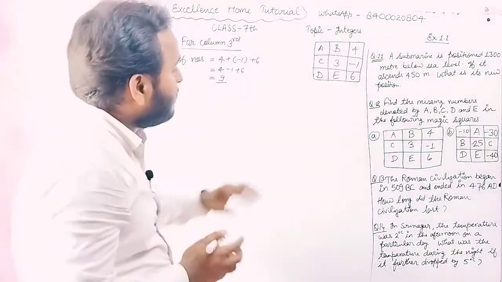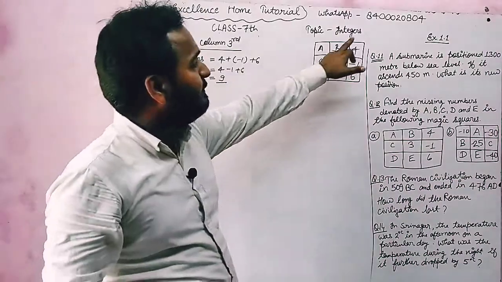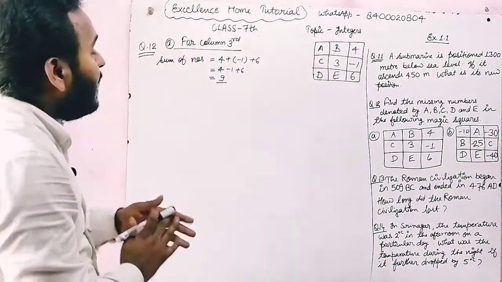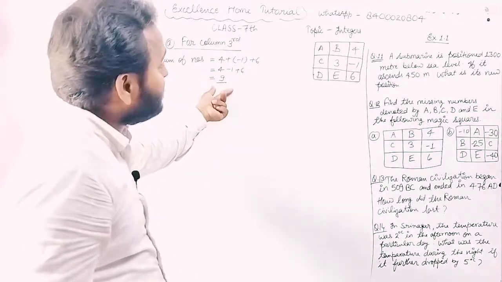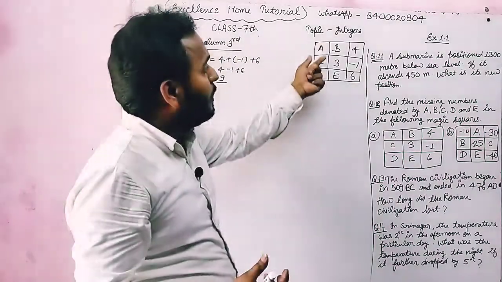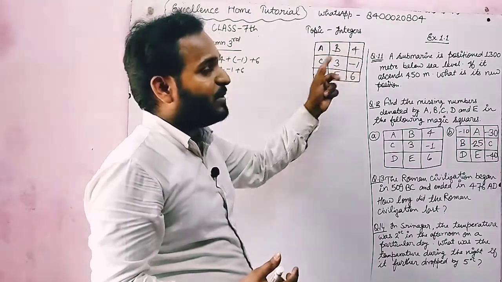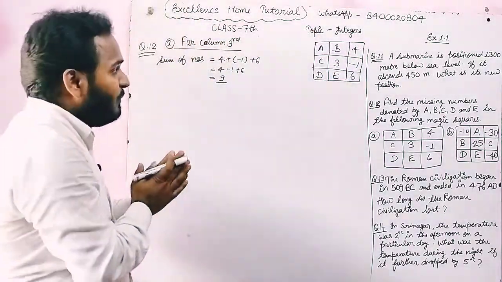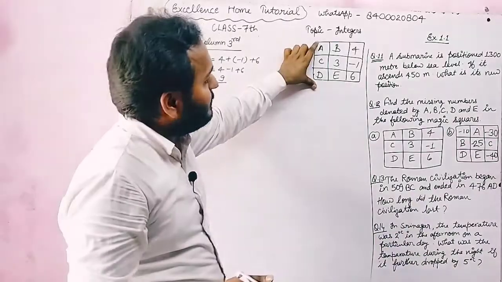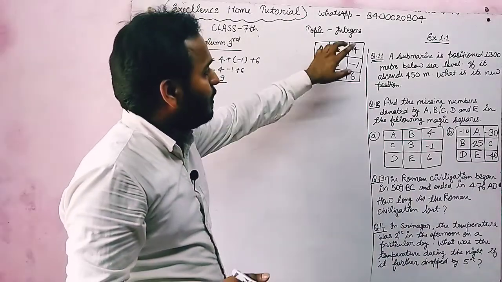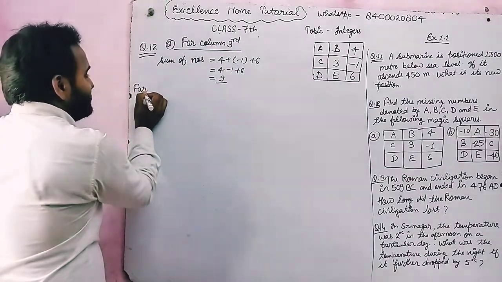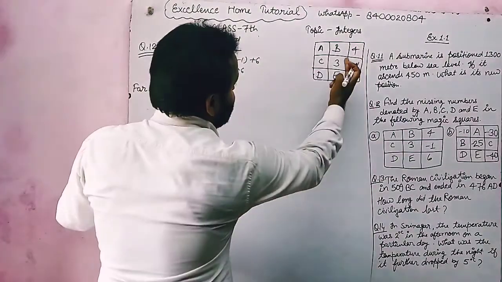So first of all, we have to add given numbers in a row or column or diagonally represented numbers. After that, this sum is equal to all the rows and columns represented. So we have to make equal to A plus C plus D and so on.